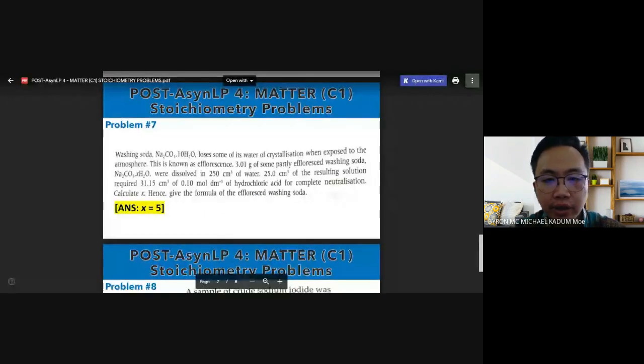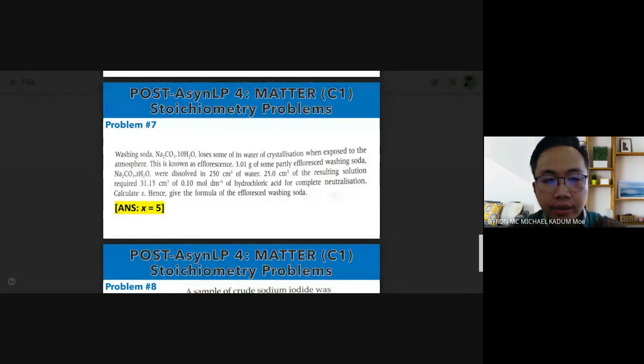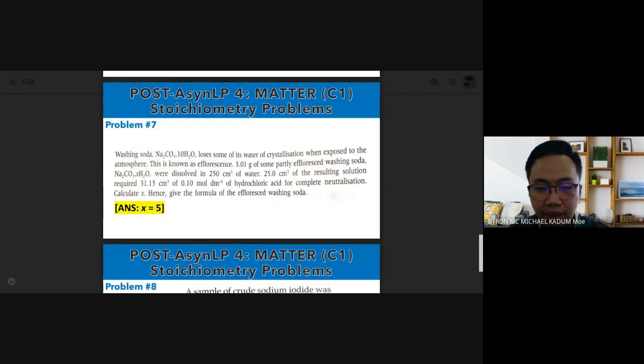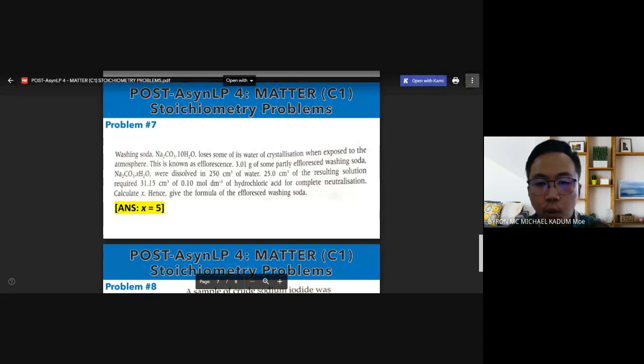But what we have over here, yang atas nih, ini adalah mukadimah dia. Tapi yang penting tu adalah ini sekarang. 3.01 grams of some partly effloresced washing soda. Dia bagi ni washing soda over here. Dan dia mau tahu apa nih X ini. Were dissolved in 250 cm3 of water, 25 cm3 of the resulting solution required.